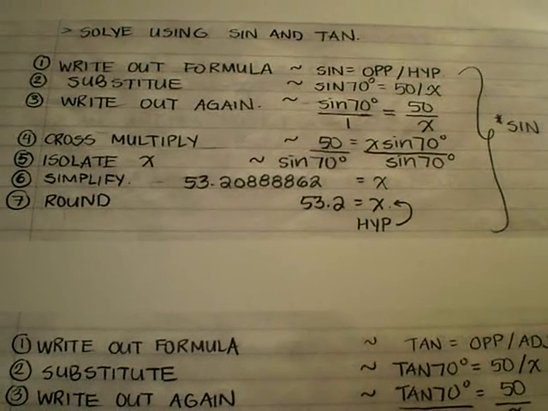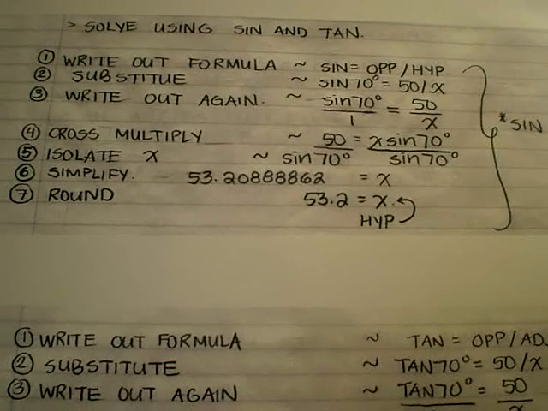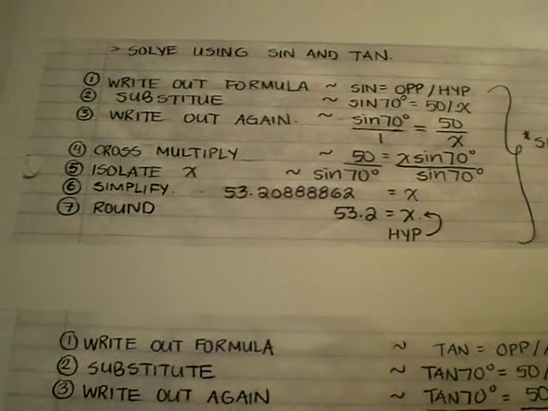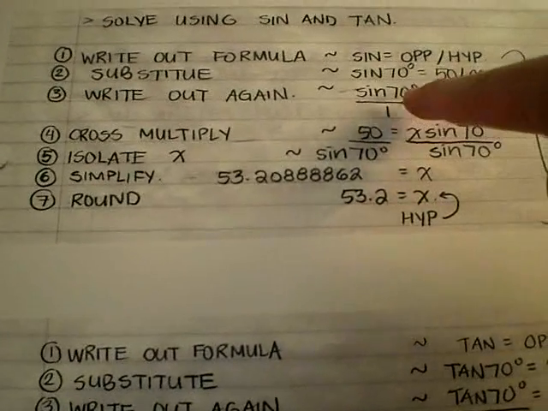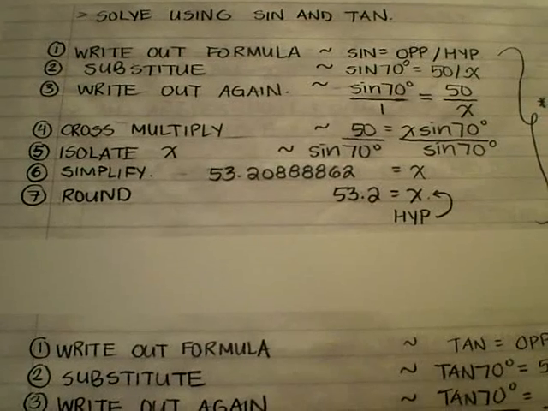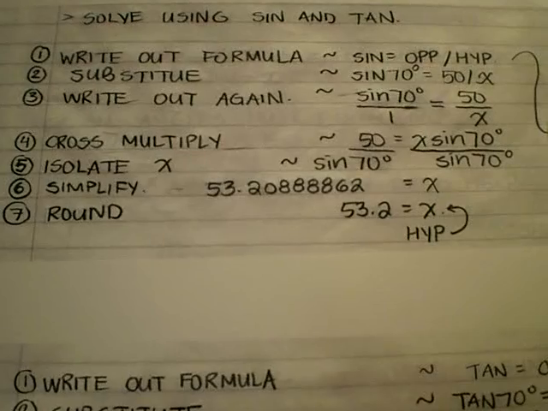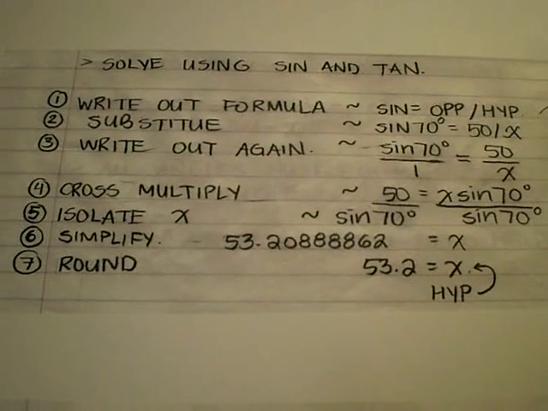After you do that, you write out the formula again, so it is easier for you to solve and work with. When writing out the formula again, make sure you write it out this way and include the 1 at the bottom of the 70, so it's easy for you to further work with it. After you have written out the formula again, it is time to cross multiply.